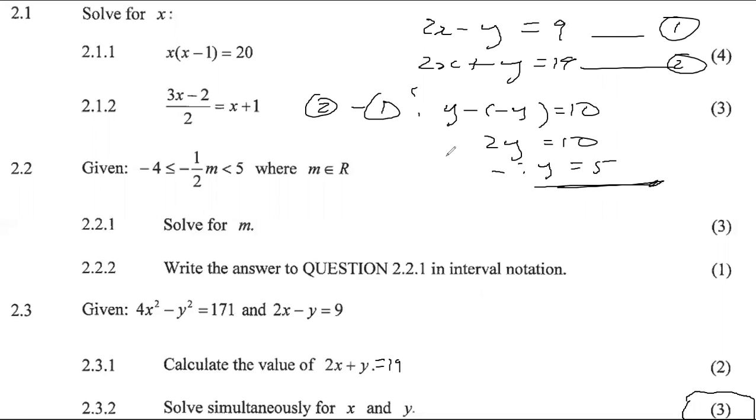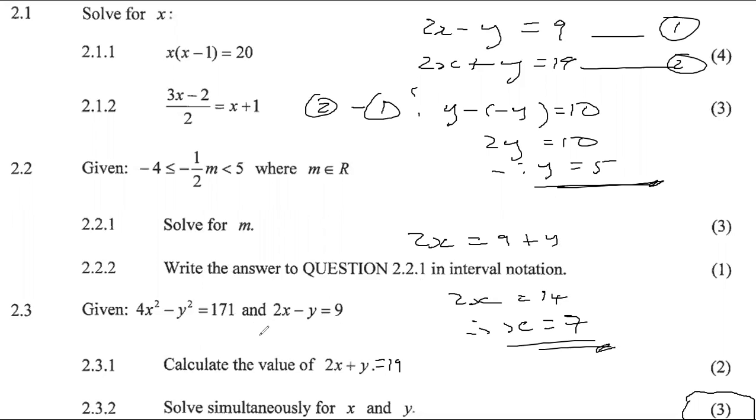And that's it. The next thing that I do is to substitute into any of that equation to find the value of x. So let's take 1 because it is much simpler. 2x is 9 plus y, okay? And 2x then, what is y? 5. So this is 14, and so x equals 7. So this was the whole point why they gave you that.